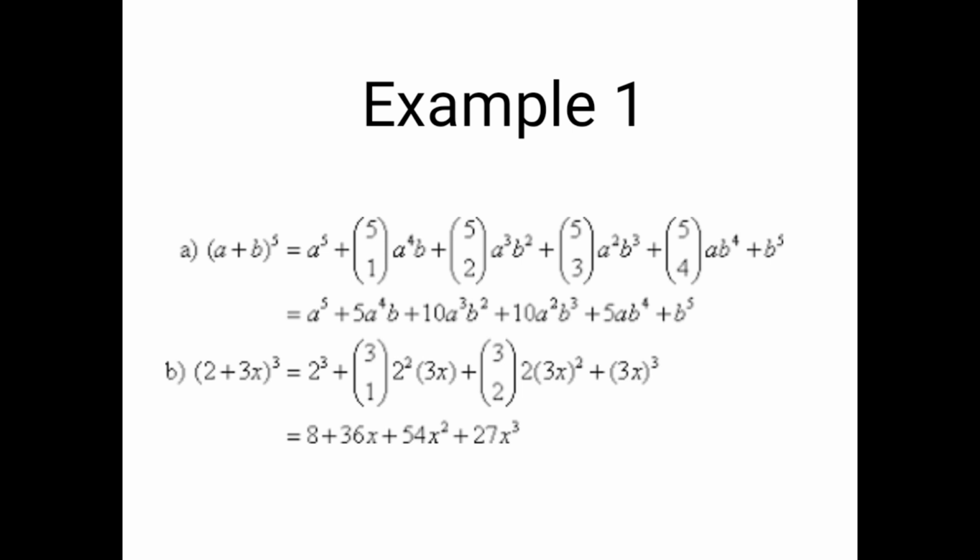Now 2 raised power 3 is 8, 3 combination 1 times 2 raised power 2 times 3x gives 36x, and 3 combination 2 times 2 times (3x) raised power 2 gives 54x squared, plus (3x) all raised power 3 gives 27x raised power 3. Therefore (2 + 3x) raised power 3 equals 8 plus 36x plus 54x squared plus 27x raised power 3.